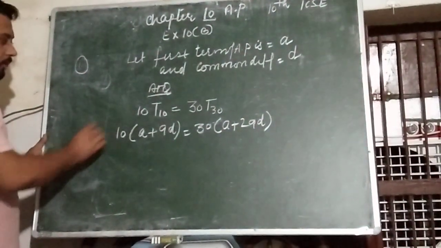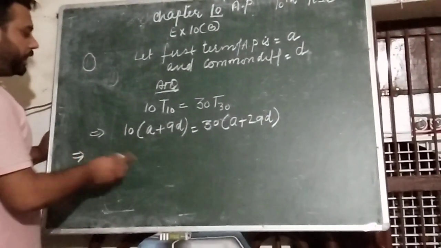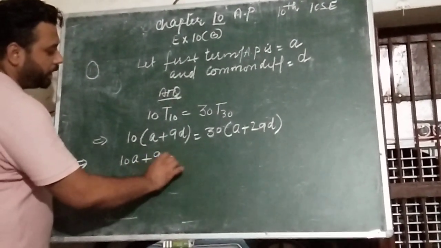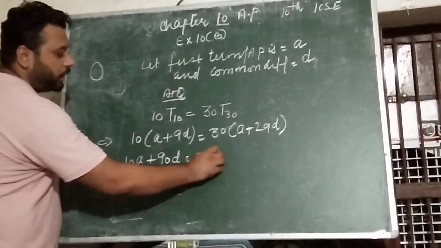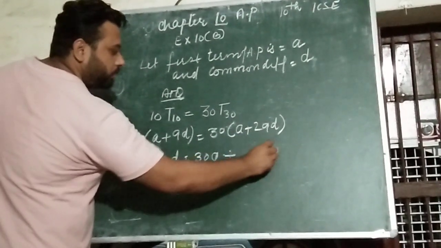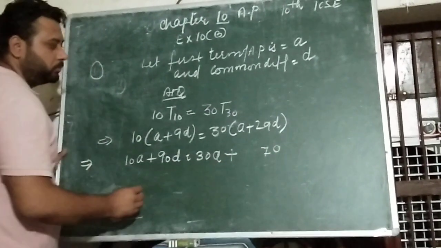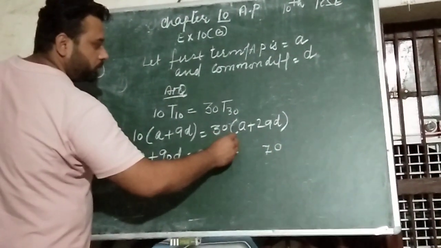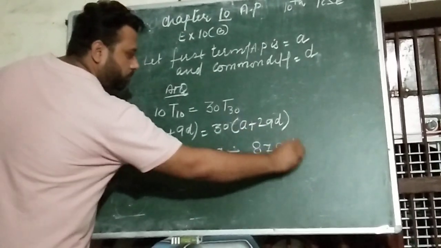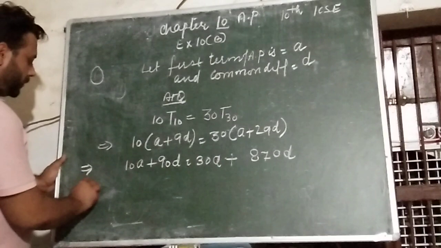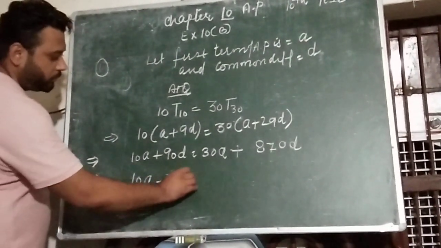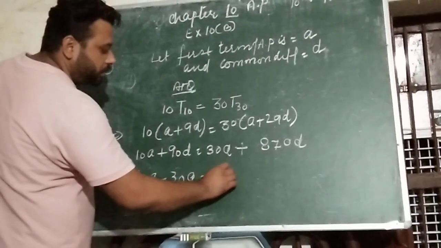So you just solve and find out the relation between small a and small d. 10A plus 90D equals 30A plus 870D. Keep the terms containing A on one side and D on the other side.